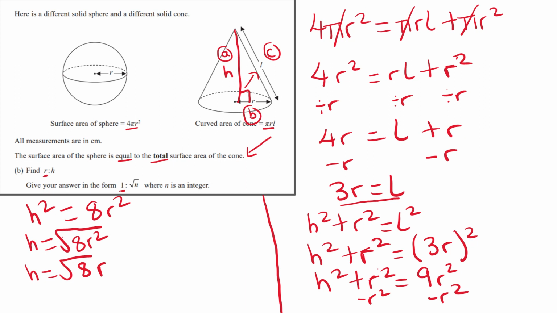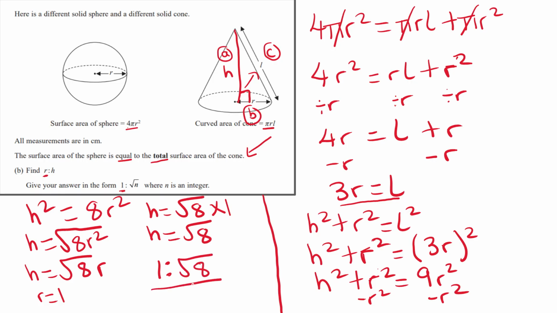What we can do is substitute r as 1. When r equals 1, what does h equal? h equals the square root of 8 times 1, which is just the square root of 8. Therefore, our answer is in the form 1 to the square root of n, 1 to the square root of 8. This is the final answer.